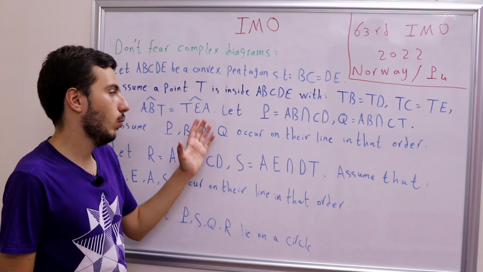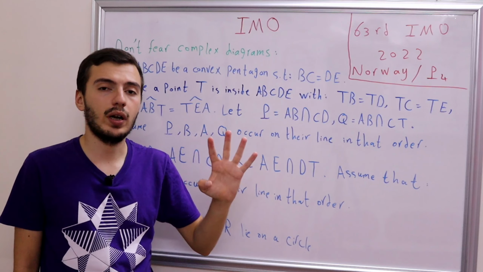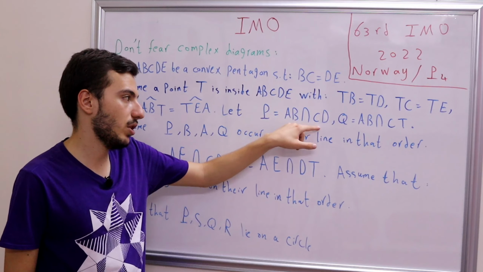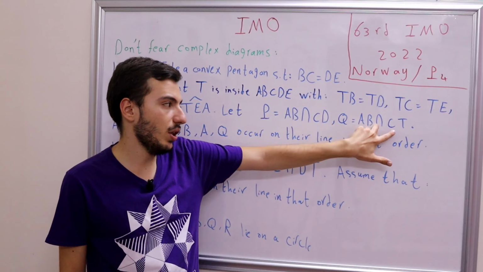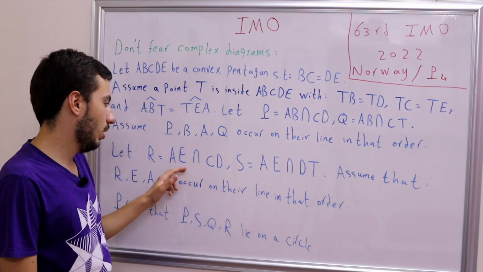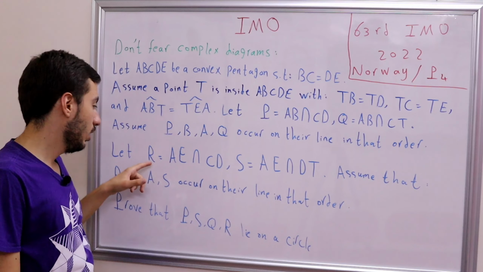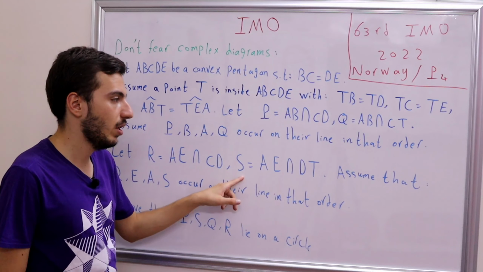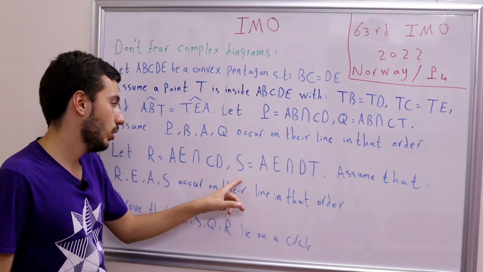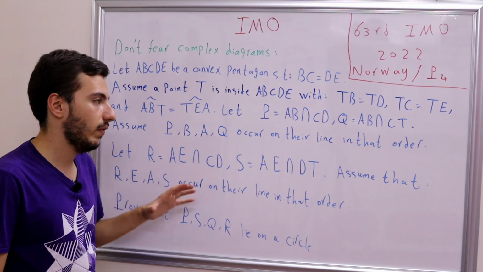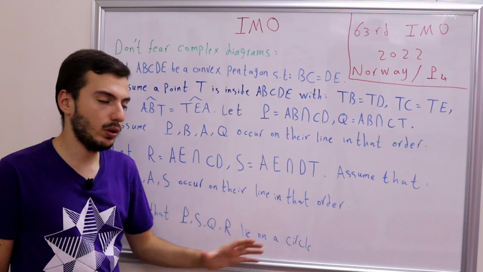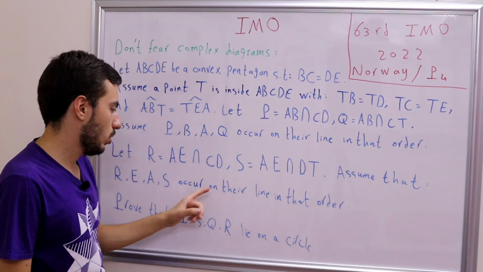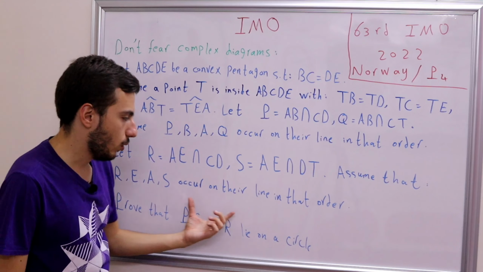Then we have 4 intersections. We intersect line AB with CD at P, line AB with CT at Q, line AE with CD at R, and line AE with DT at S. There is also a condition on the order of points: P, B, A, Q occur on their line in that order, and the same goes for R, E, A, S on their line.